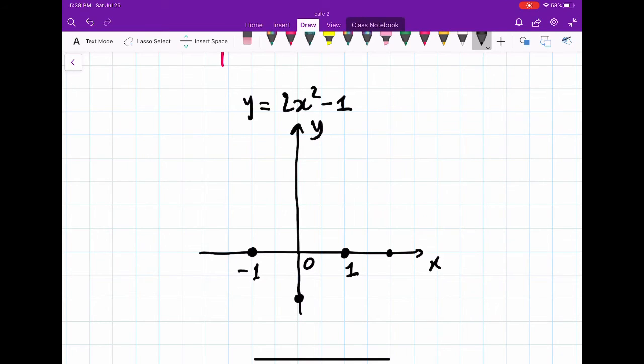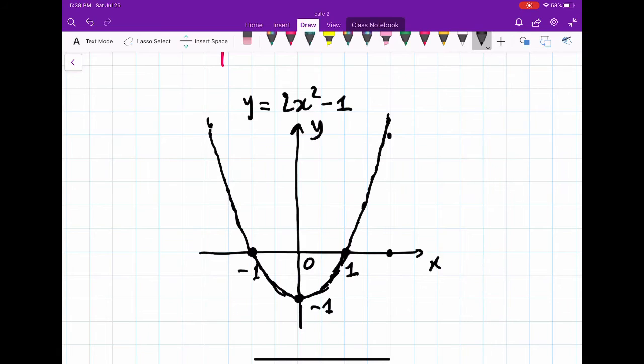Suppose that 7 is right here. So this is the graph of your parabola, right? Look at this. Interesting. Here's -1.